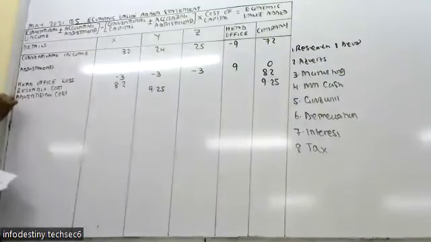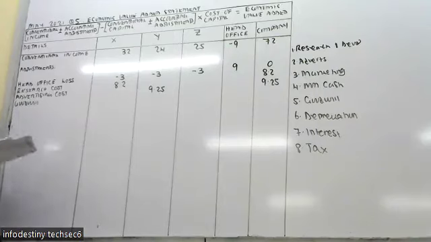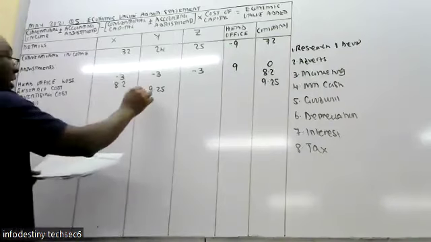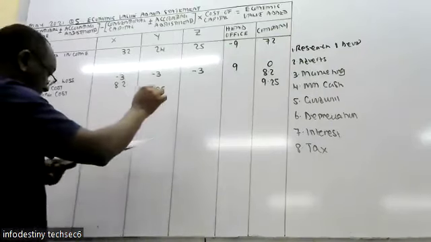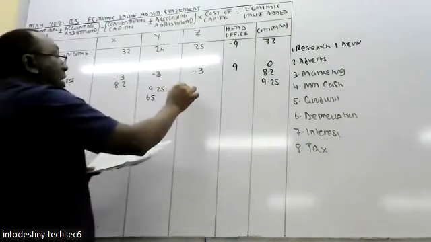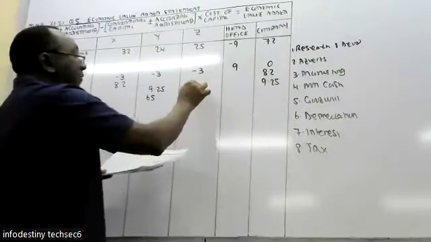Then we have goodwill. Goodwill belongs to Y and Z. So Y gonna 65, na hii gonna 97.5.